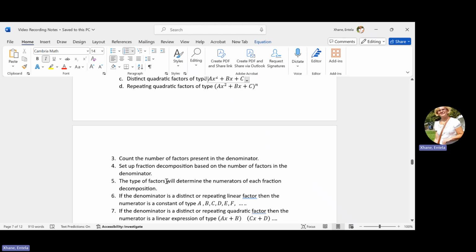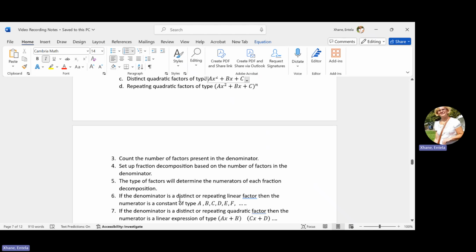The type of factors will determine the numerators of each fraction in the decomposition. So if I have denominators that are linear, automatically the numerators are going to be constant, because the degree of the numerator must be one less than the degree of the denominator. And then I'll repeat this once we get to the example to explain this process.